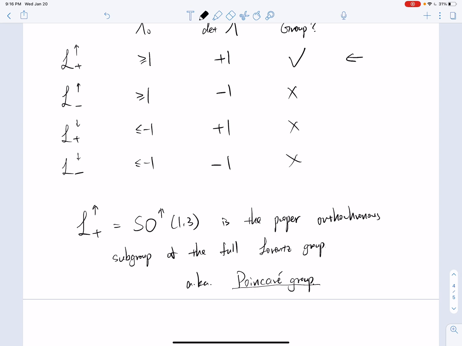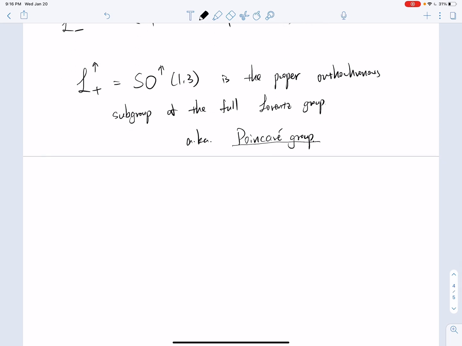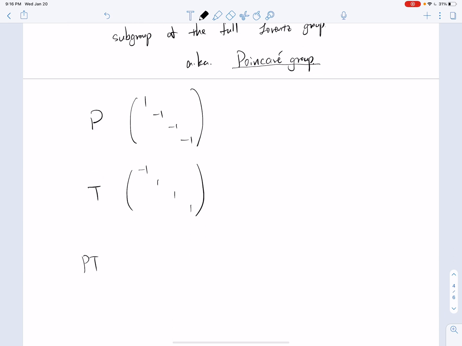So now let's see how they're related to each other. For example, the transformations that we did not include in this Poincare group, the interesting ones, are parity, which is this, time reversal, and PT, which is parity times time reversal.